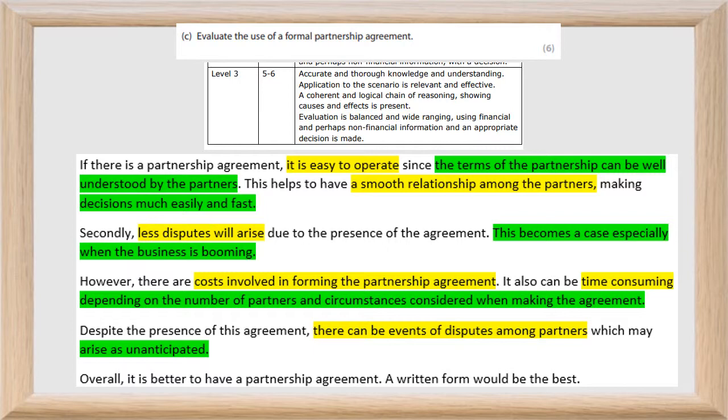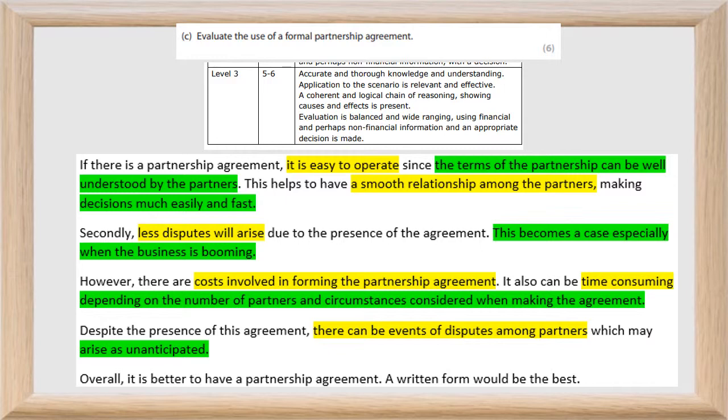However, there are costs involved in forming the partnership agreement. It also can be time-consuming, depending on the number of partners and circumstances considered. Despite the agreement, disputes among partners may still arise unanticipated. Overall, it is better to have a partnership agreement. A written form would be the best.